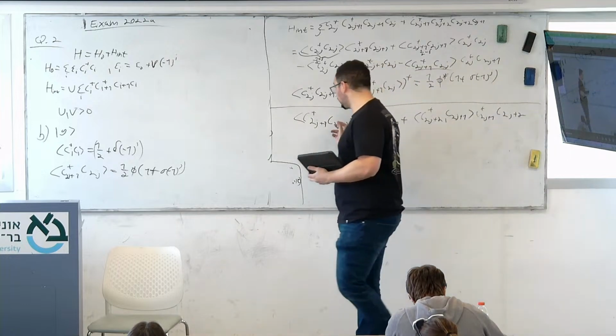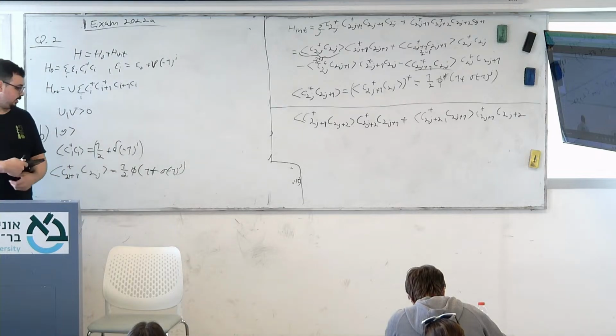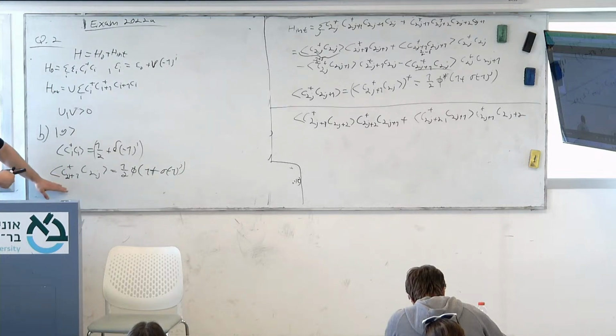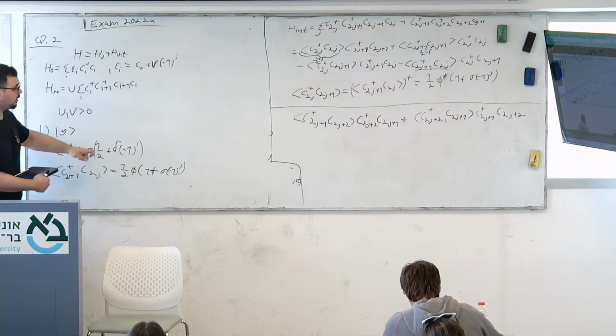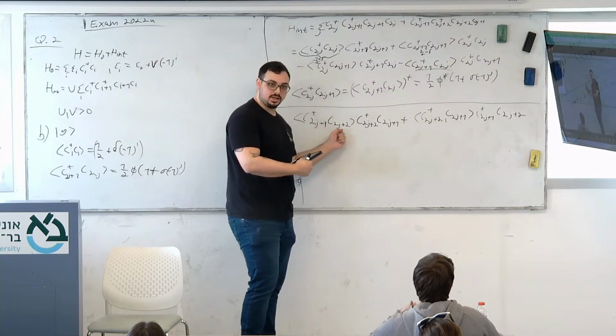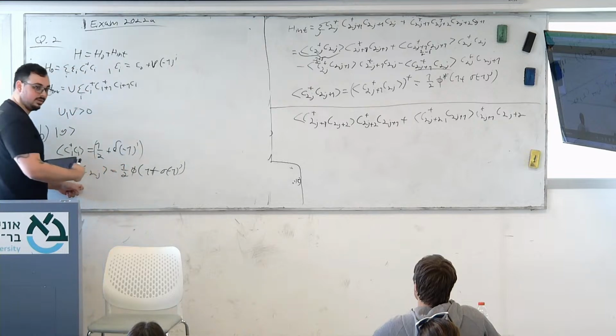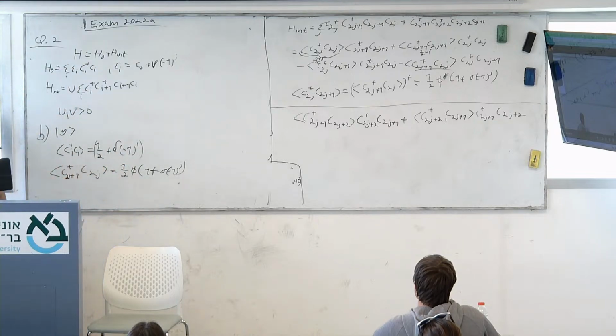Now you see that this term is almost exactly the same as the expectation value given to us by Efrat, but here the even term is higher than the odd term, where in the given relation it's lower.